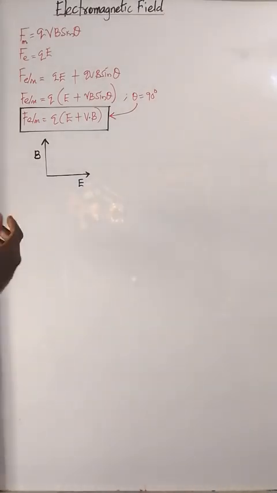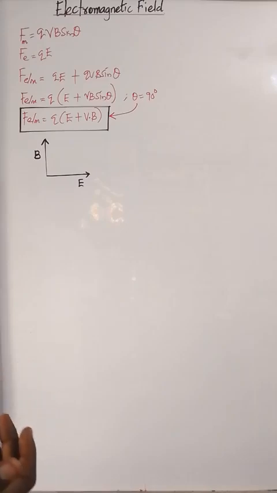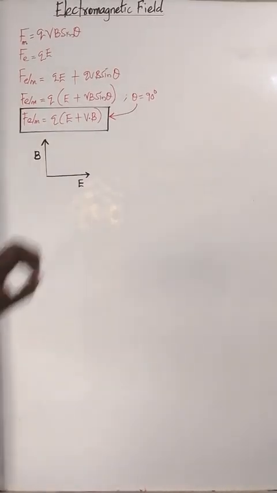So in this kind of field, there are kinds of waves that are produced, and those waves are called electromagnetic waves, ranging from radio wave, infrared wave, visible light, ultraviolet, X-ray, and gamma ray. They are produced in an electromagnetic field, and they all have the speed of light. They travel at the same speed as light.